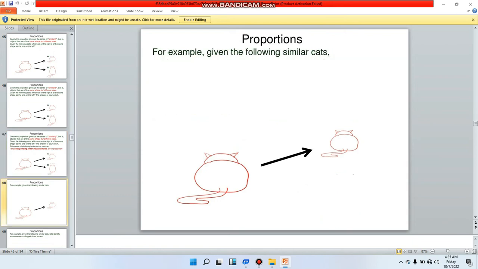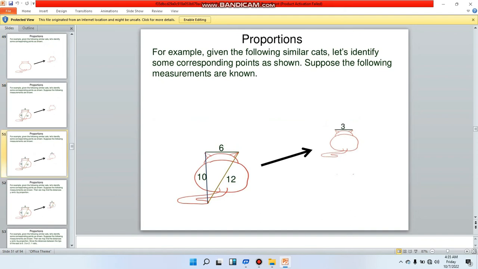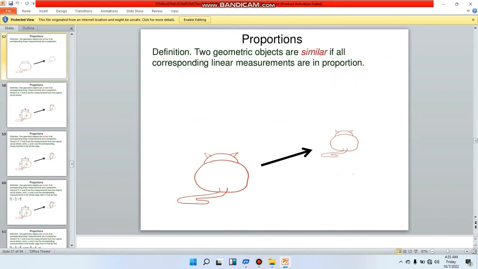For example, given the following similar cats, let's identify some corresponding points. Suppose the following measurements are known: 3, 6, x, z, 10, 12. Definition: two geometric objects are similar if all corresponding linear measurements are in proportion.